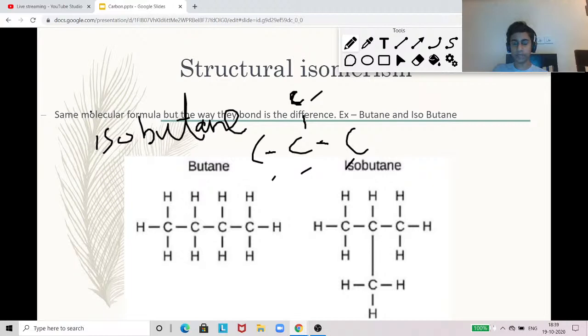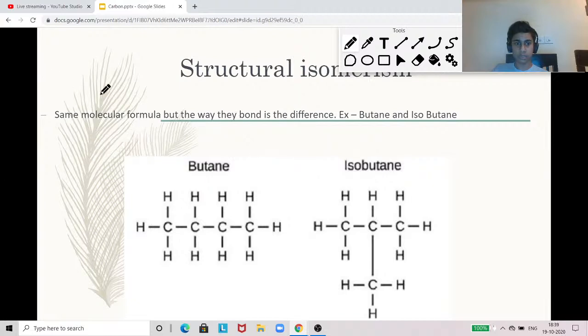This is the common name, but the actual IUPAC name is, let me write it here for you, 2-methyl butane.